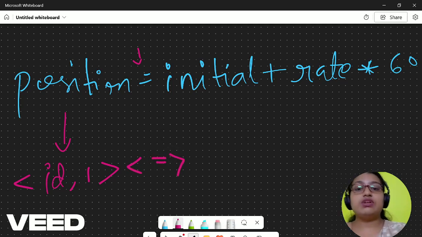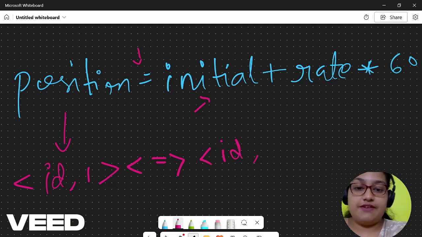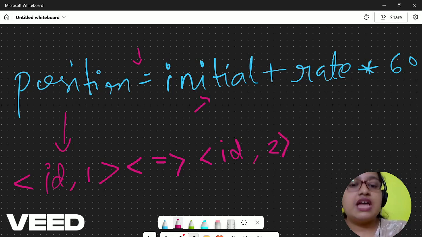Then again I found another identifier, that is initial. This is the second time we are finding an identifier, so I write ID2. And again we have a plus operator, so that will be plus. Everything will be in greater than, lesser than symbols.